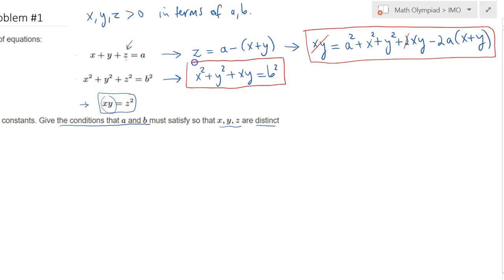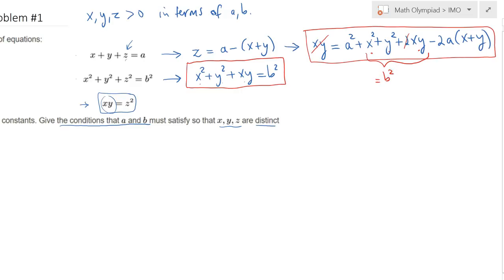That's pretty good. We reduced it to two equations in terms of x and y, so we need to solve it for x and y from here. Let's go ahead and probably use our substitution. I need to be careful here. Yeah, it looks like I can just substitute here. This expression x squared plus y squared plus xy, look at this, x squared plus y squared plus xy here, is just b squared.